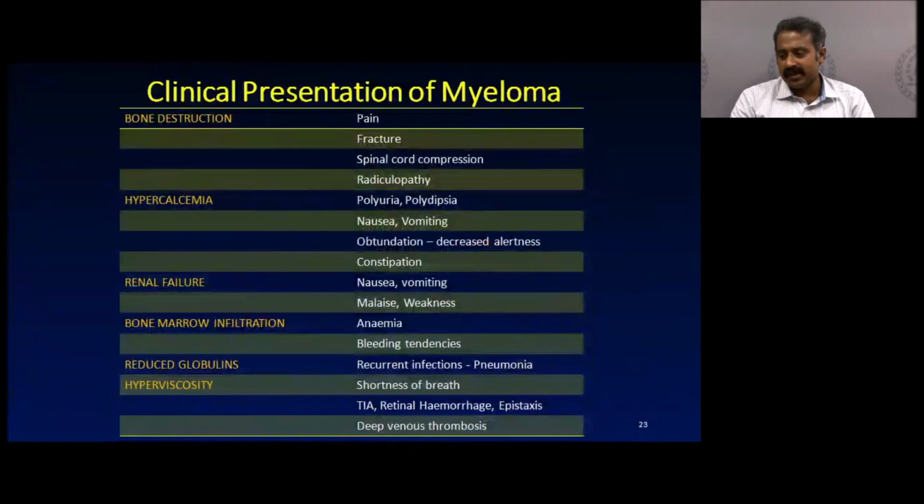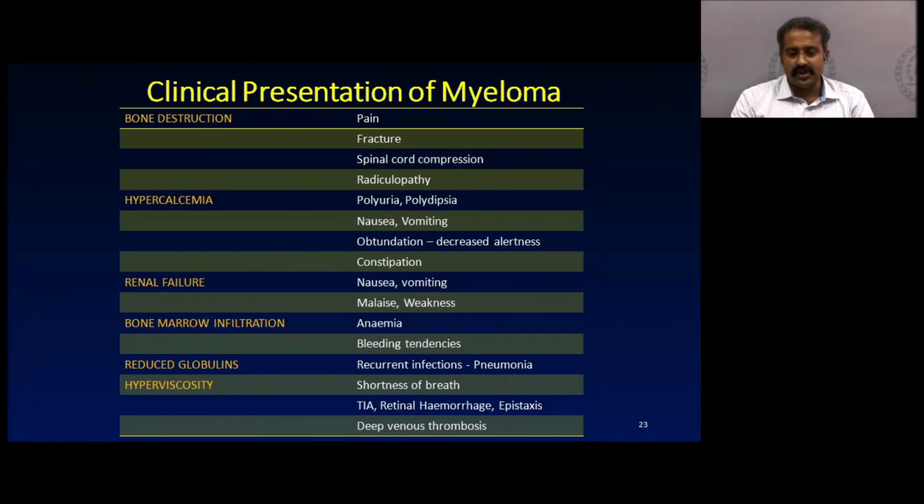Now, looking at the clinical presentation of multiple myeloma, depending upon the pathogenesis and the manifestations, you can have pain, fracture, spinal cord compression related features, and radiculopathy if there is bone destruction. Hypercalcemia can cause polyuria, polydipsia, nausea, vomiting. In severe degrees of hypercalcemia, the patient can be obtunded, the alertness can be decreased, and the patient can have constipation.